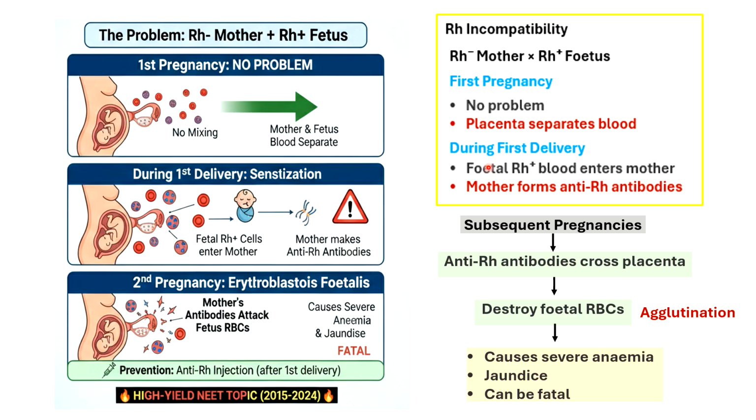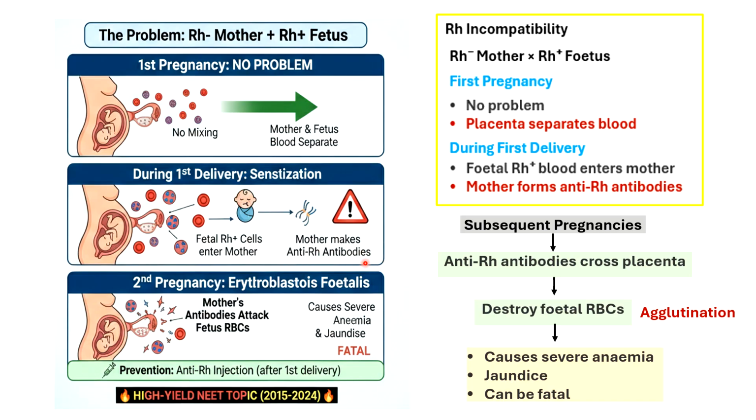But during delivery, there is some sensitization, that is, the fetal RH positive blood enters the mother. When RH antigens are exposed to an RH negative person, she will recognize them as foreign and antibodies will be created. So during delivery, when the fetal RH positive cells enter, the mother makes anti-RH antibodies.